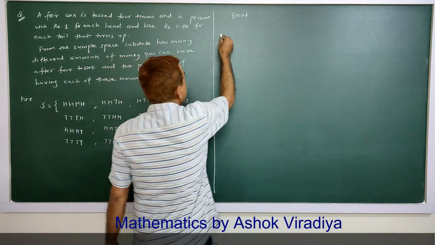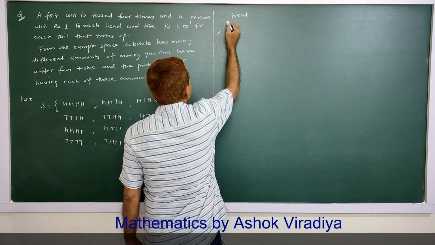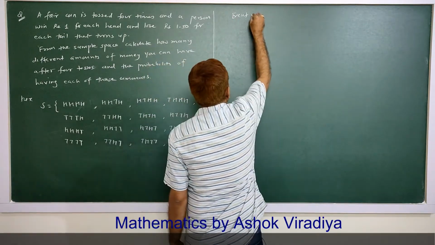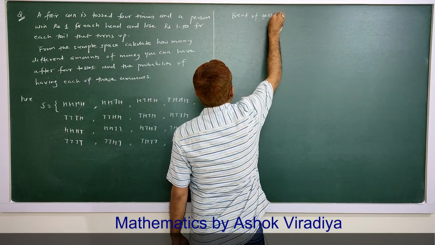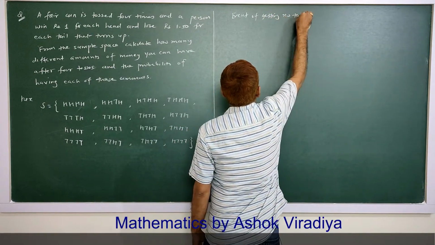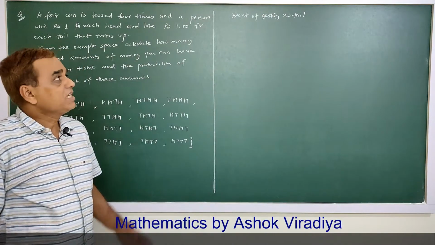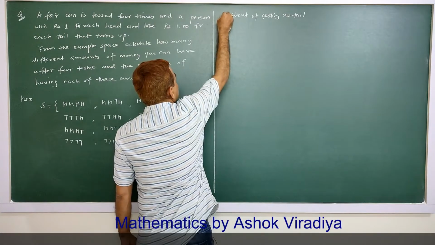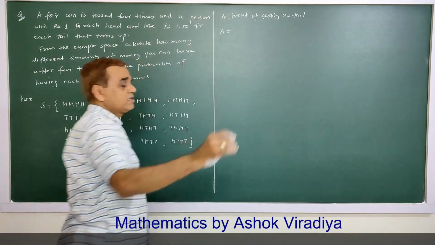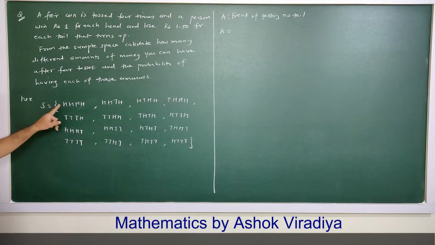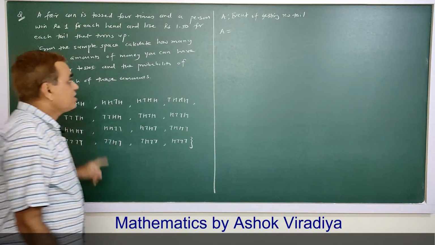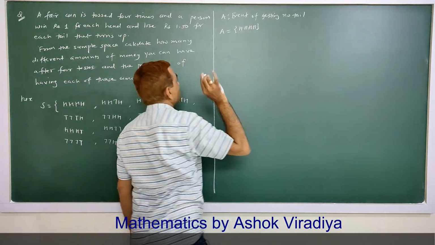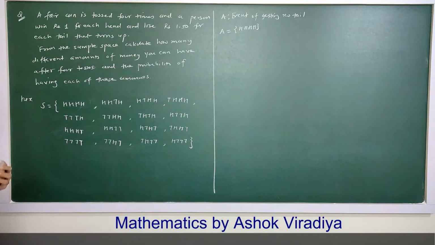Let me say event A, the event of getting no tail. So no tail, that is all times H. So H, H, H, H. This is the event of getting no tail.